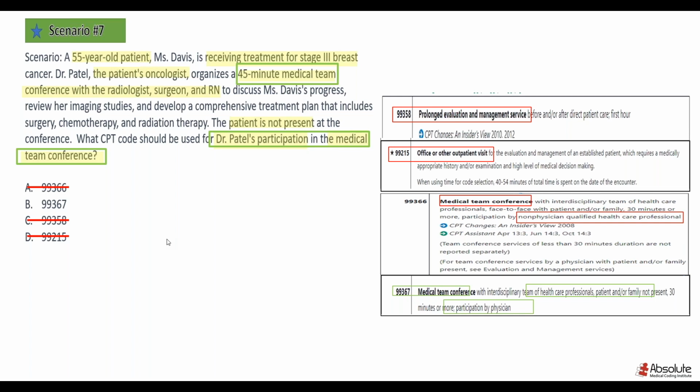Exactly. I can see your answers in the chat. The way you have explained why you picked option B. Amazing. So the correct answer is option B, 99367.